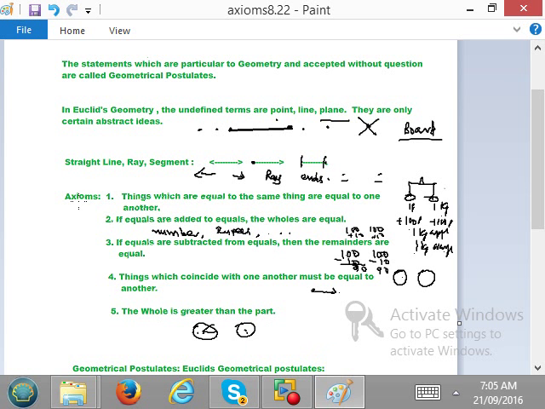So these 5 axioms. The first starts with: things which are equal to the same thing. You may say this apple is 1 kilo, the orange also is 1 kilo, so both are 1 kilo actually, then they are equal to one another in the same weight or whatever it is.